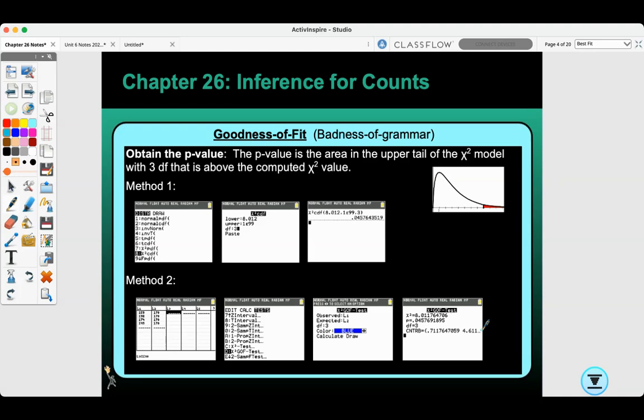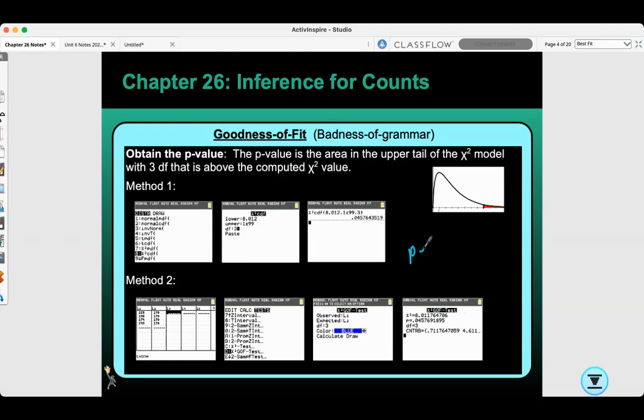You still need to show the work for your chi-squared statistic, but you can get all the information here. So our p-value for this is 0.0458.